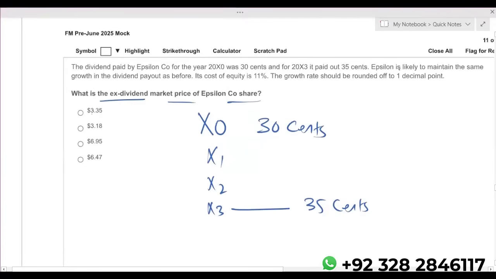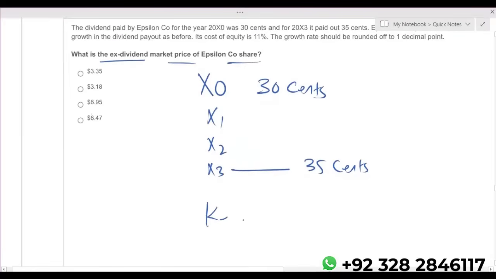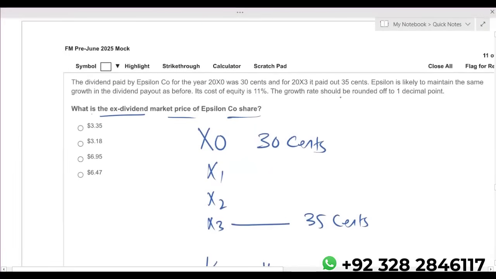Epsilon is likely to maintain the same growth in the dividend payout ratio. Growth rate, on average, will be the same. Cost of equity, Ke, is 11%. The growth rate should be rounded off to 1 decimal point. What is the ex-dividend market price?